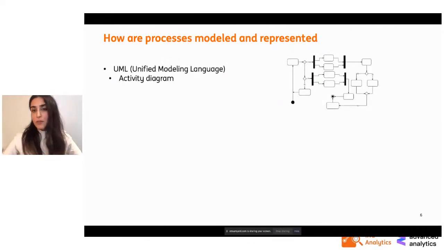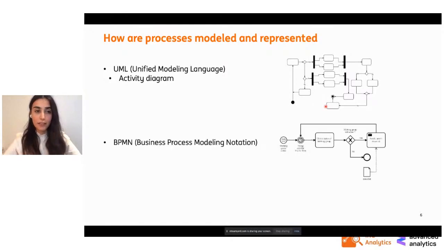And two newer ways to represent or model a process are UML, known as Unified Modeling Language, and specifically activity diagrams there, which can show activities, conditions, forking and joining, and the start and end of a whole process.